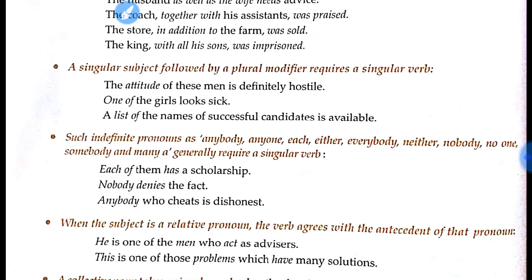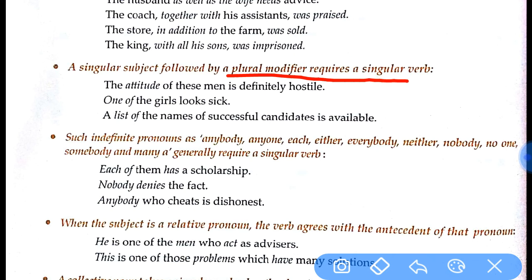Then we have got another rule. A singular subject followed by a plural modifier requires a singular form. For example, the attitude of these men is definitely hostile. See, these men is plural, but the attitude is a singular subject followed by a plural modifier.